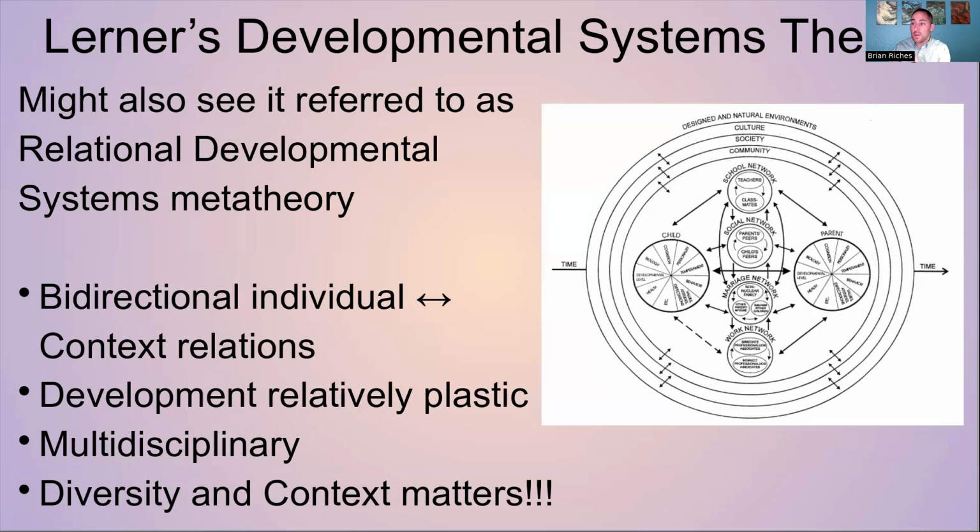So a big key with these systems theories is realizing that development is relatively plastic. A lot of things can change to some degree. It also means there's a lot to look at, right? You could look at how a culture is impacting a school network and impacting a child's grades. That's one study you could do.